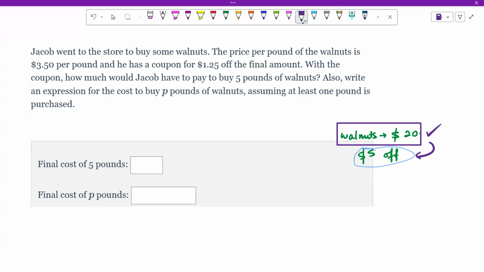So it's a $5 discount. So how much will the person have to pay? $15. That's right. So $20, $5 off, so $15 is the amount the person has to pay.